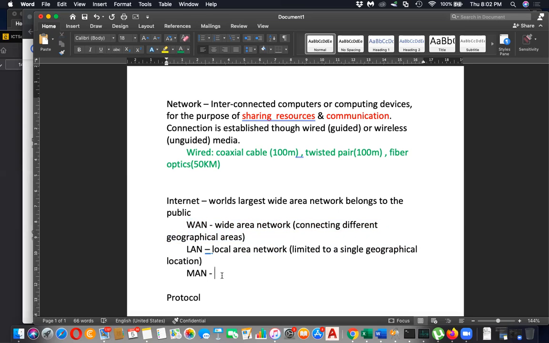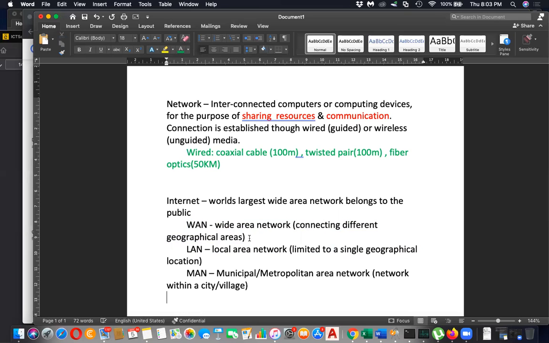So what is MAN? MAN means municipal or metropolitan area network. It's a network within a city or village.